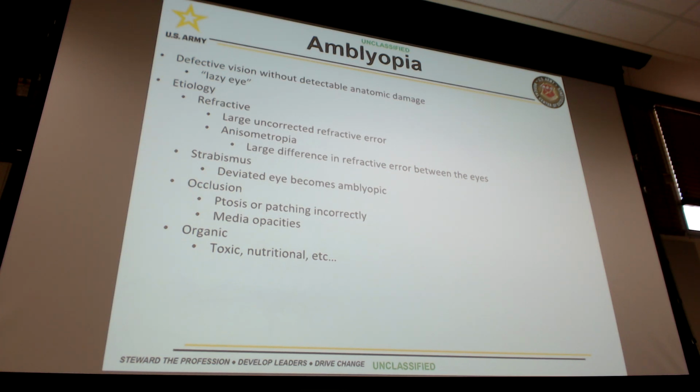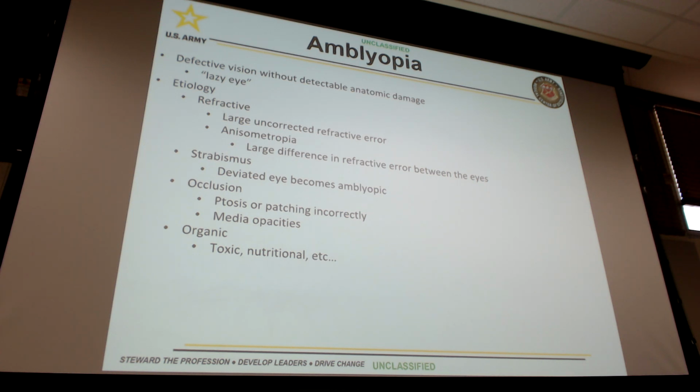So, again, the definition of amblyopia is, in layman's terms, the inability of an eye to see 20/20, okay? Because the neural pathway is just not there. The brain does not want to do it because it needs to work too hard to get that neural pathway there. So there's three main types of amblyopia.